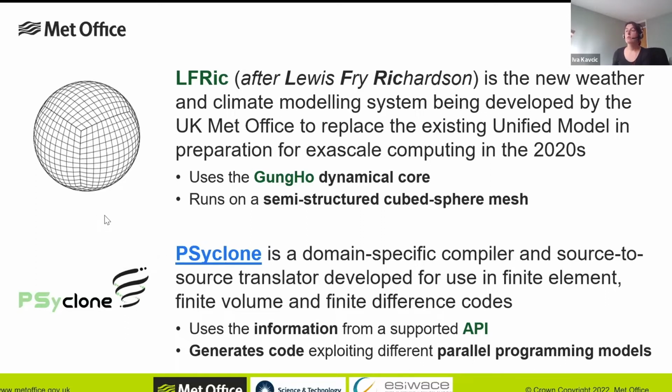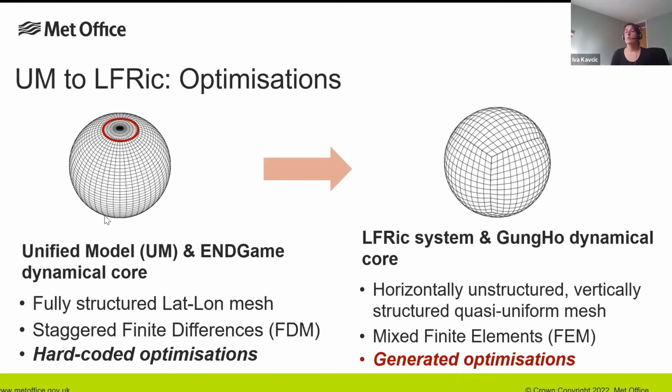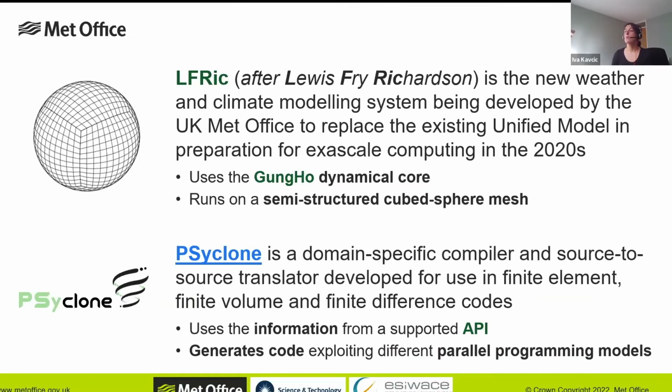PSyclone is a domain-specific compiler and source-to-source translator for use in finite element, finite volume, and finite difference codes. Why am I mentioning all this? Because for the people who don't know, PSyclone not only works in the finite element LFRic code, it also works with, for instance, finite difference in NEMO.